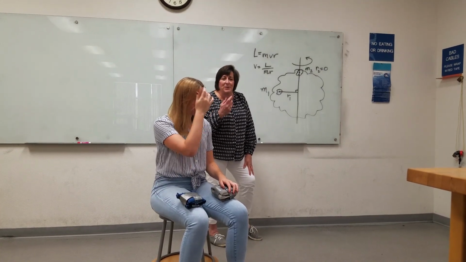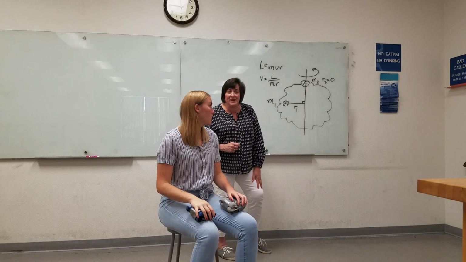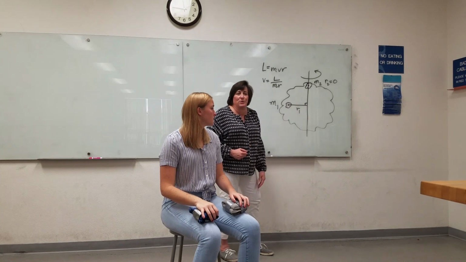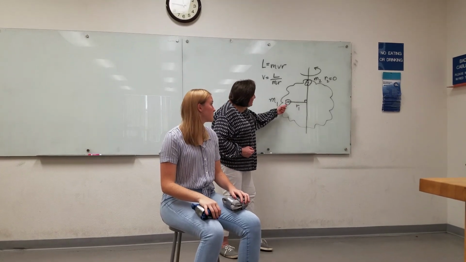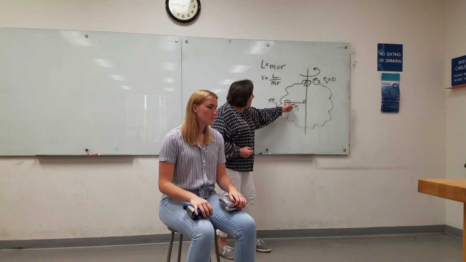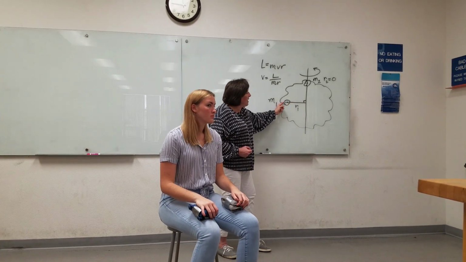Where does it get that spin? Usually from a passing cloud of gas. Gives it a little initial spin. When this mass wants to collapse due to gravity and go toward the center, this mass has a lot of angular momentum because of the distance here, R, the perpendicular distance between the blob of material and the rotational axis.